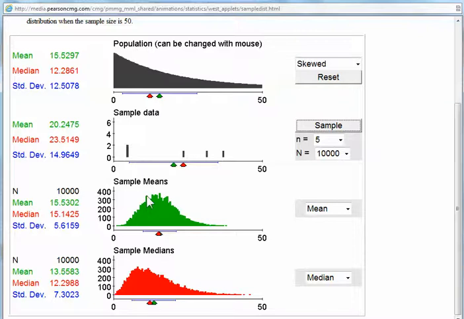Then I come down here to the sampling distribution of sample means, and I look at the mean of that set, and it's 15.5. But the median is 15.14. Well, that doesn't really apply as much as this. Here's the sampling distribution of sample medians, and the mean is 13.5, so off, and then the median is 12.28, so on. So if you do a sampling distribution of sample means, the mean matches, and if you did the sampling distribution of sample medians, the median was coming in.